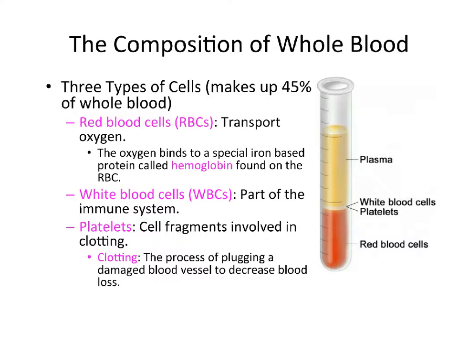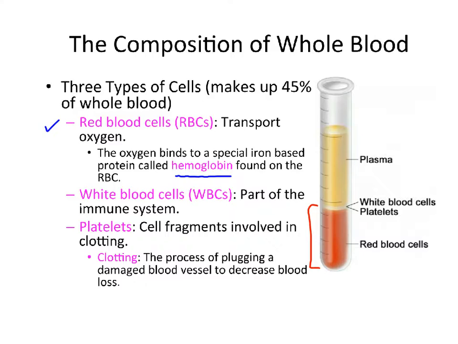When we look at the cellular portion of your blood, or the non-plasma portion down here, we have 3 main types of cells or pieces of cells present. Red blood cells are the cell types that transport oxygen. The oxygen binds to a special protein found in the red blood cell called hemoglobin, which binds oxygen and transports it through your blood.